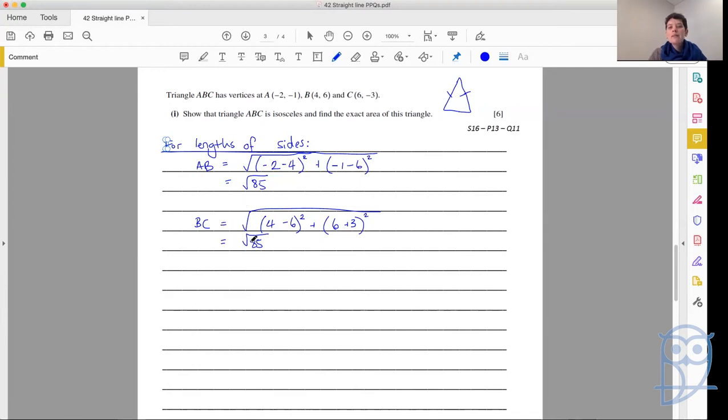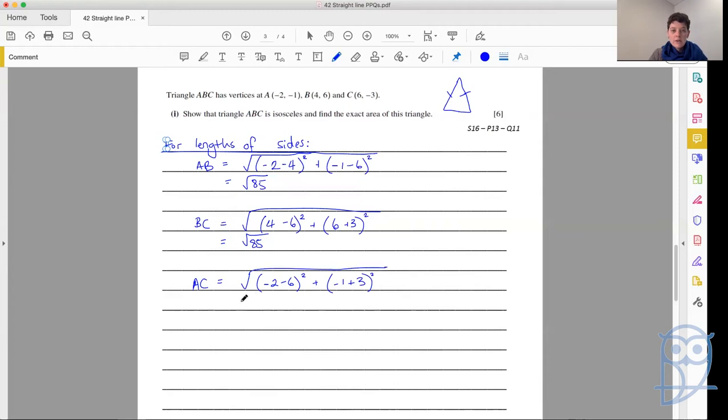So AB and BC are the same length, but we still need to check AC to confirm that it is different. So AC equals minus 2 minus 6 all squared plus minus 1 plus 3 all squared.